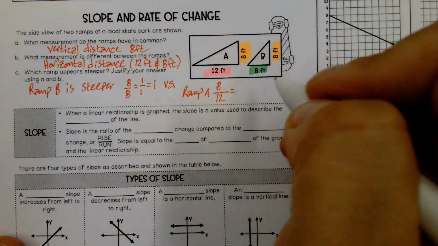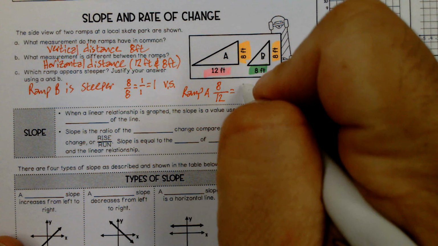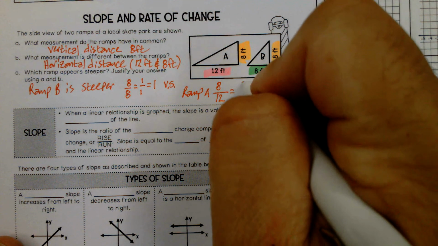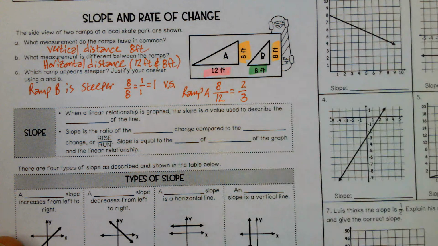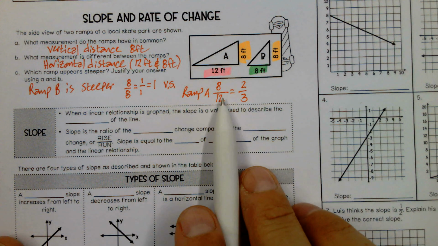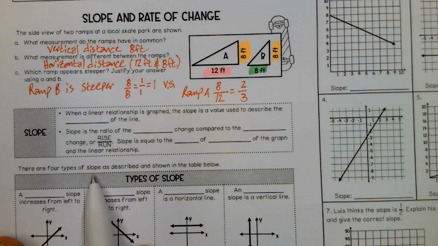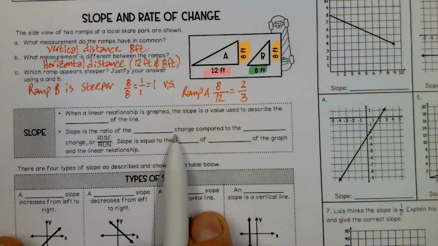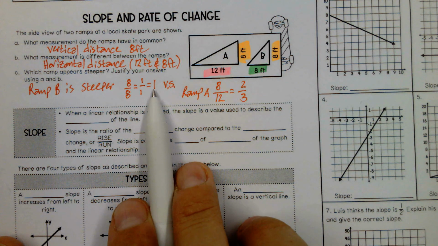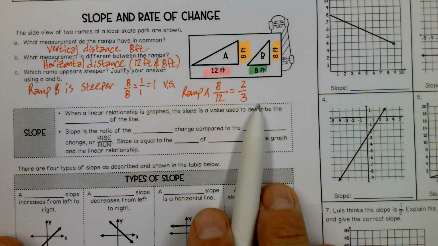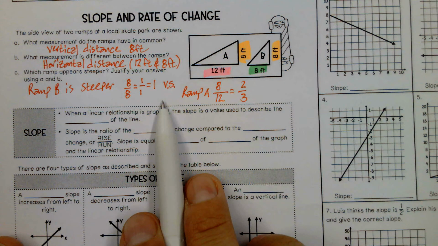And we could probably simplify that to 2 to 3. Can we simplify it that way? Since 4 is yeah. So we're comparing 1 to 2/3. And which one's greater? 1.